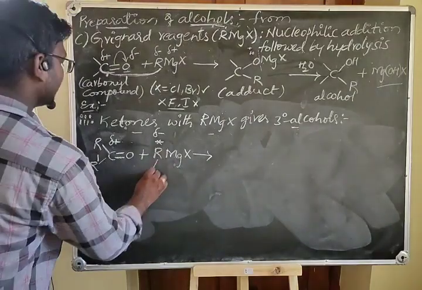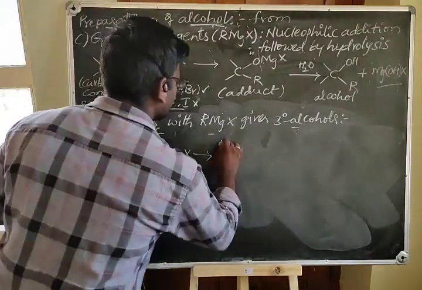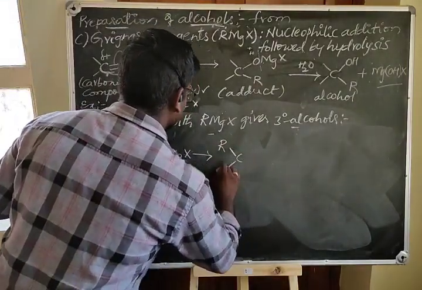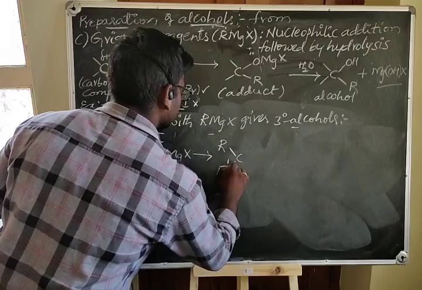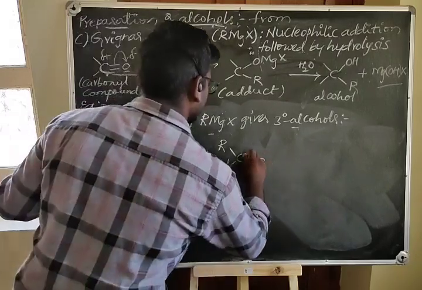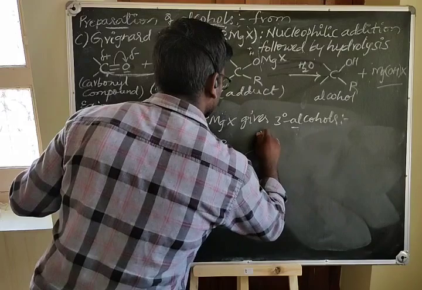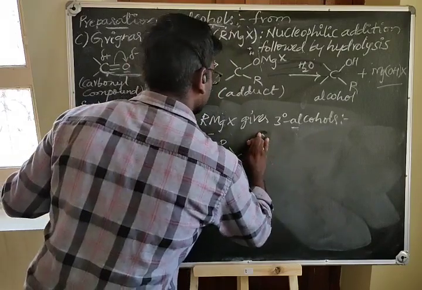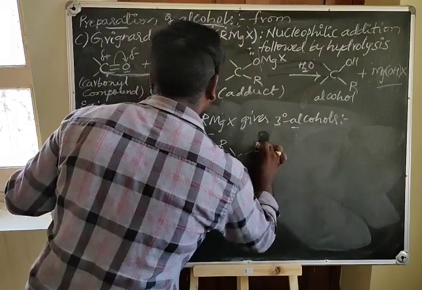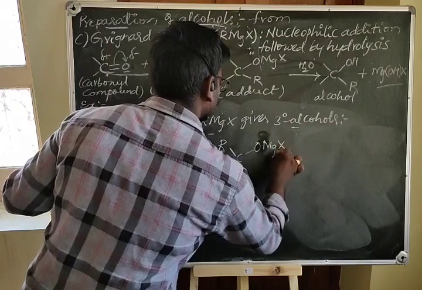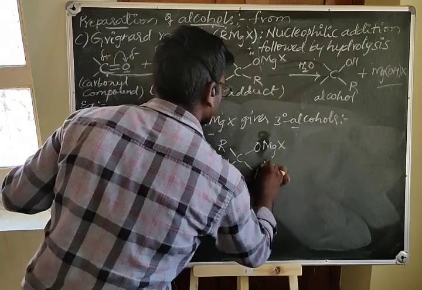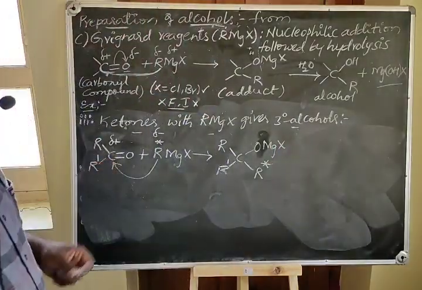This attacks on this, so you will get R–C(R dash)(R star)–OMgX. Here this is an adduct.